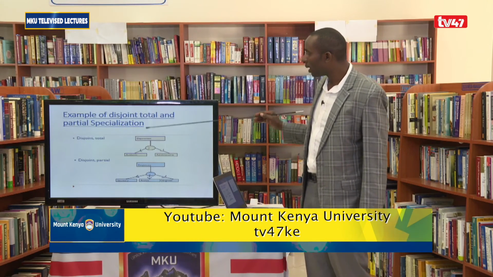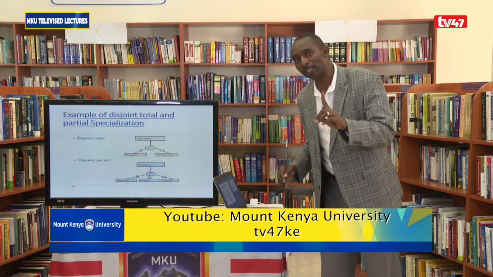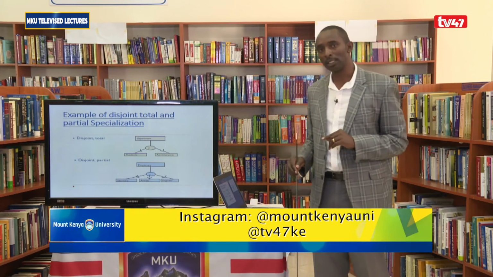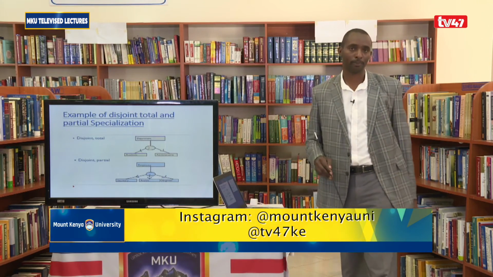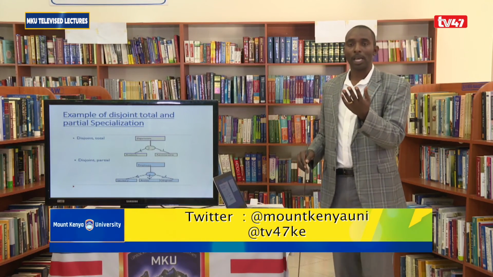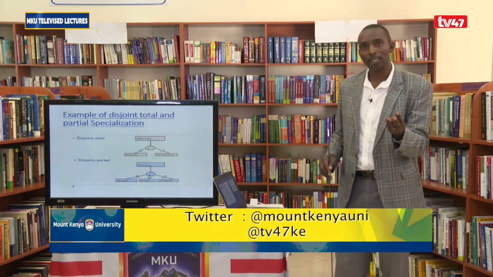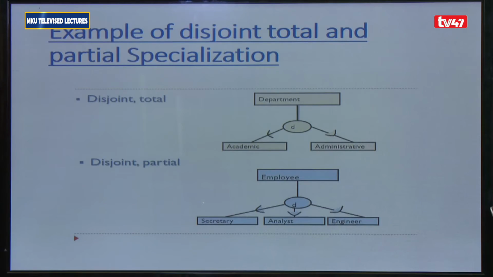So let us assume in our case here, a department at Mount Kenya University can either be academic or administrative. What that means is a department cannot be both. Take the library department as an example. The library cannot be the same one that is also teaching students how to become librarians.